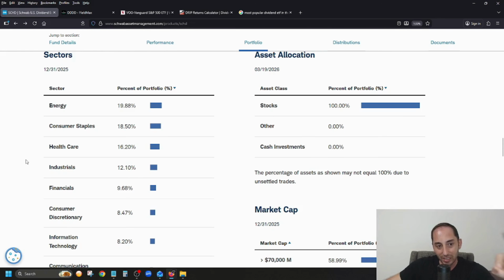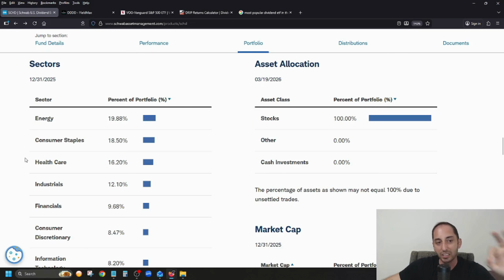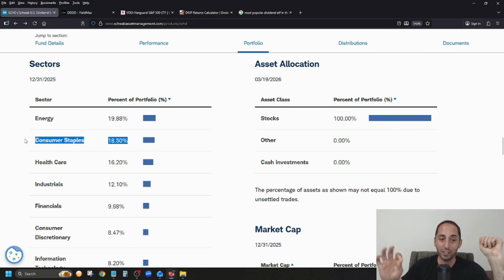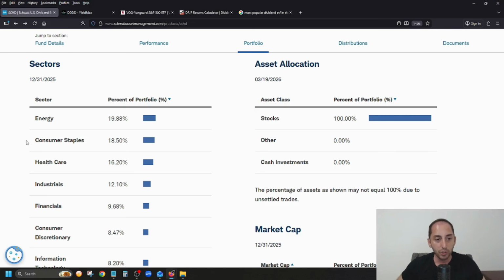If you actually look at the sectors, this is where you'll really see a difference between SCHD and the S&P 500, for example. The top sectors in SCHD are not technology, it's energy, consumer staples, right? Consumer staples are things like Walmart, Home Depot, the things that are much more stable, Costco, things like that.